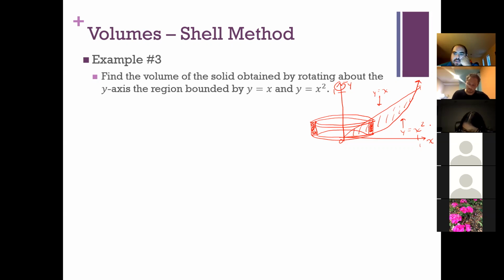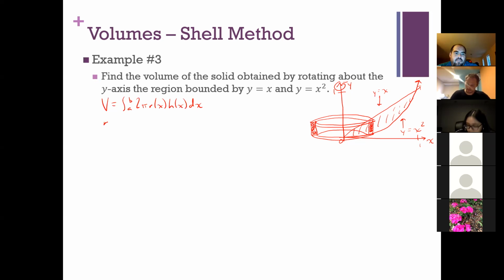Any suggestions? Where do we go now? Start building the integral. So our integral is for shell method, from a to b, 2 pi radius of x times the height of x dx.